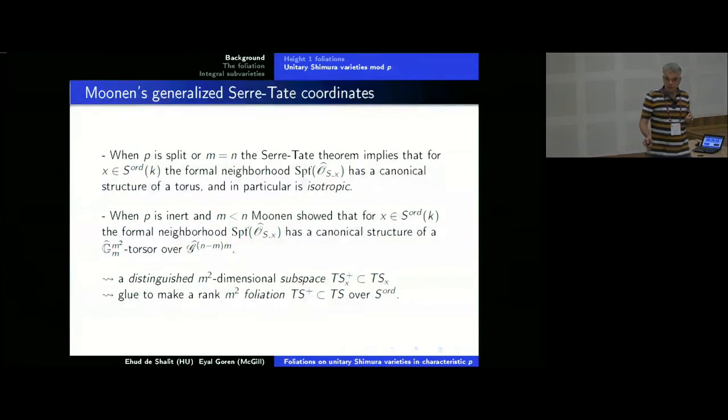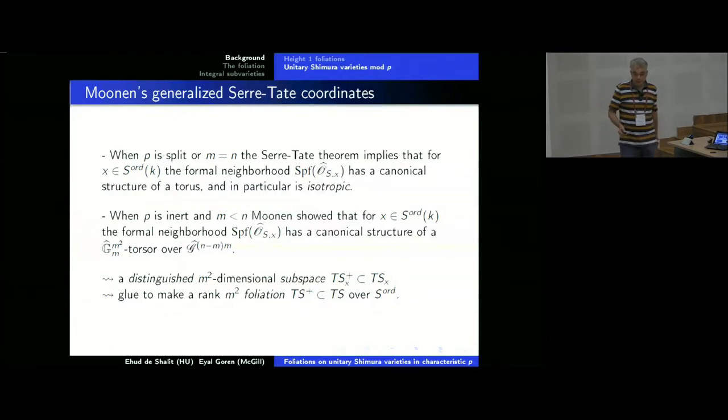The dimension of the base is (n minus m) times m, and the dimension of the structure group of the torsor is m squared. So at your point, you see in the tangent space a distinguished subspace of dimension m squared, which is the tangent space in the direction of this group action. Okay? So life is not isotropic.